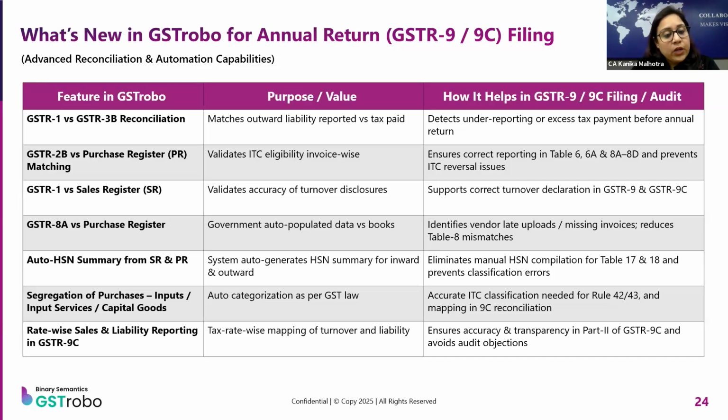Also the rate wise details that you use in 9C, where you need to upload the outward supplies rate wise, and HSN wise in your GSTR-9, and rate wise in your GSTR-9C. After grabbing all these things, you are good to go.